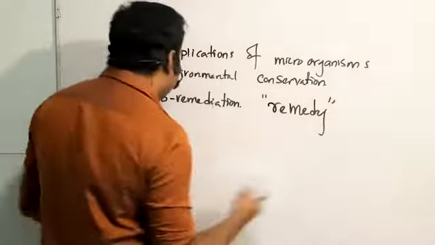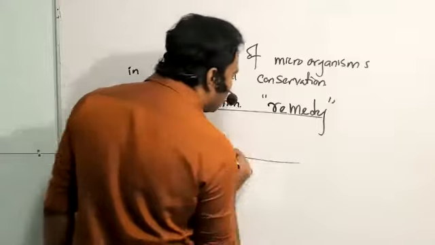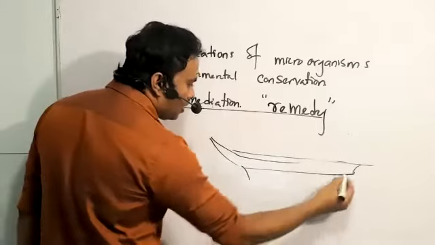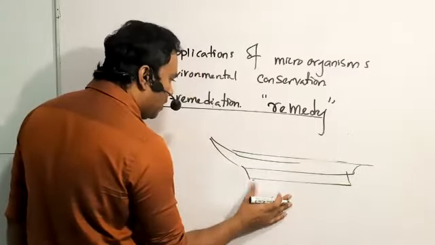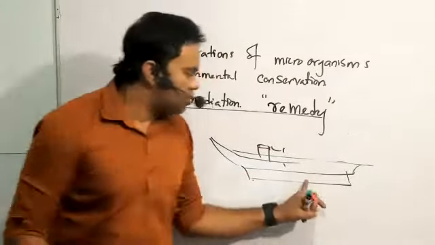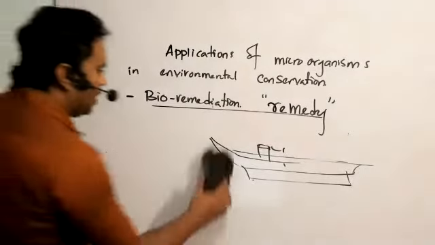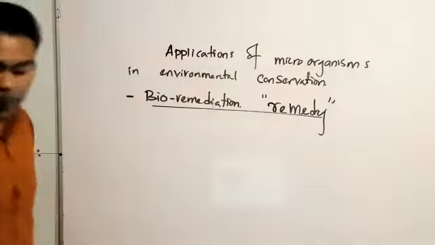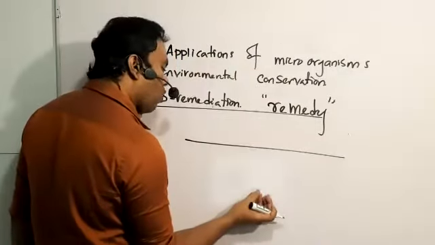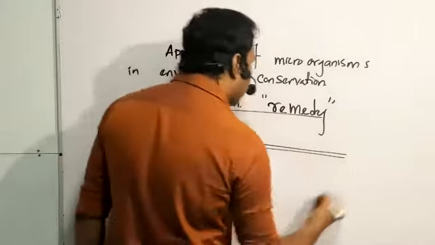I'll tell you one nice example. Oil transporting ships have huge oil tanks under the ship. What happens when this ship sinks in the sea? The ship goes down, but the oil spills and comes up and exists as a layer.